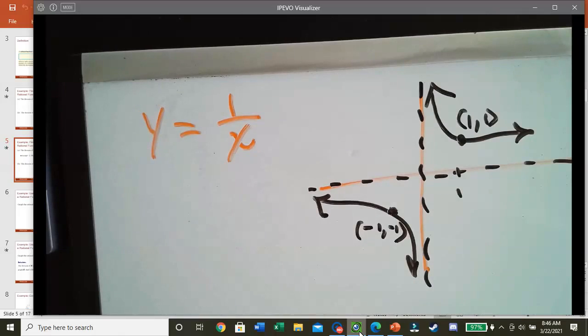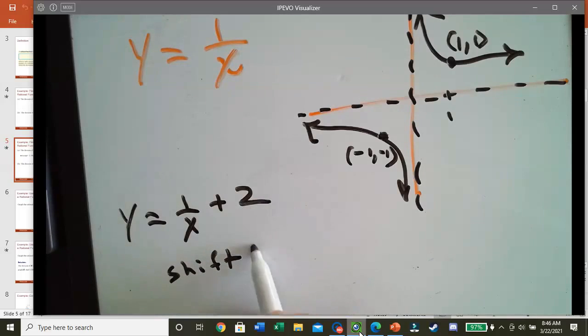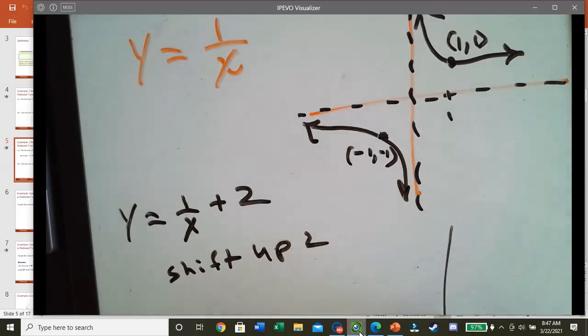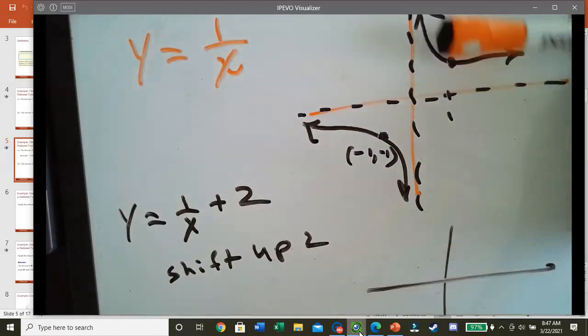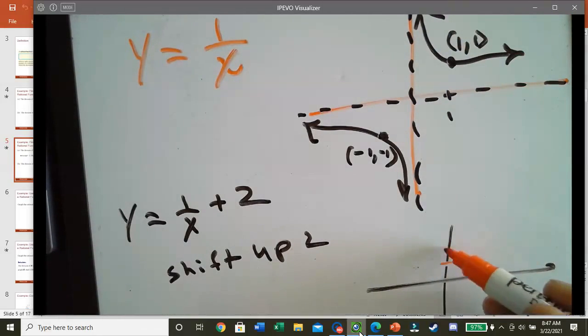So if we're looking at y equals 1 over x, let's say plus 2, okay, that means this is going to shift up 2 spaces, okay, and so that means this horizontal asymptote is going to go up 1, 2 spaces, and now it's at 2.